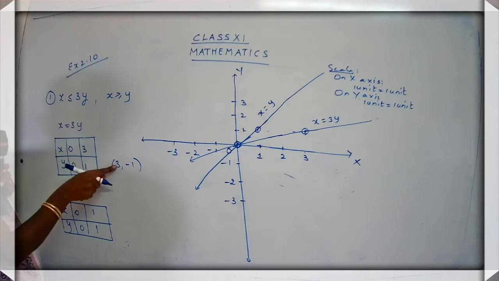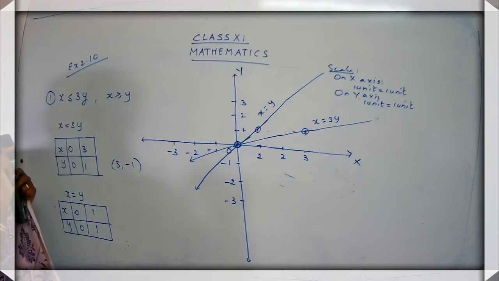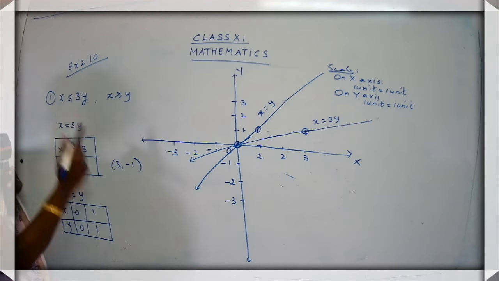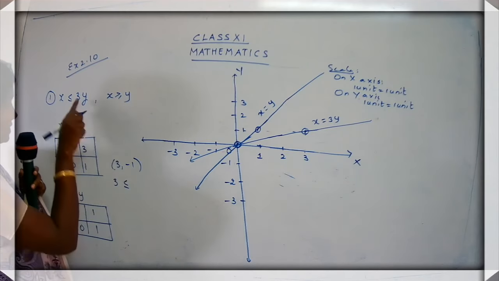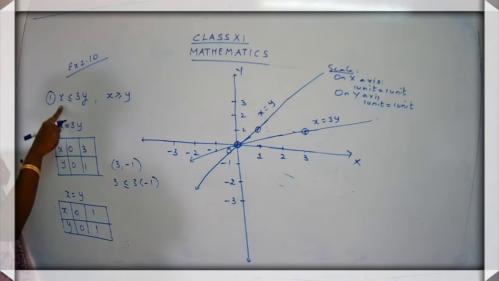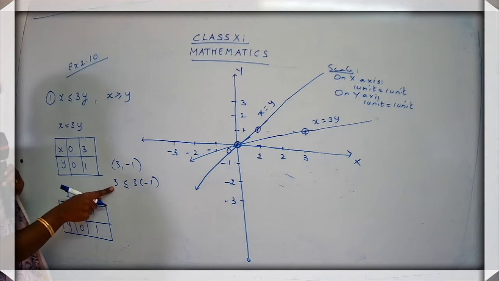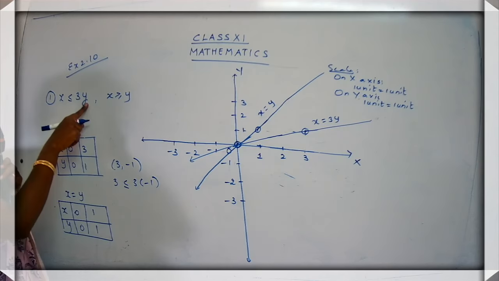I'm going to take the value for x as 3 and the value for y as -1. Listen here carefully. So 3 is less than or equal to 3 into -1, that is -3.